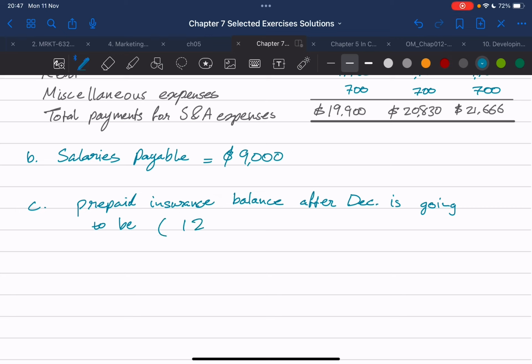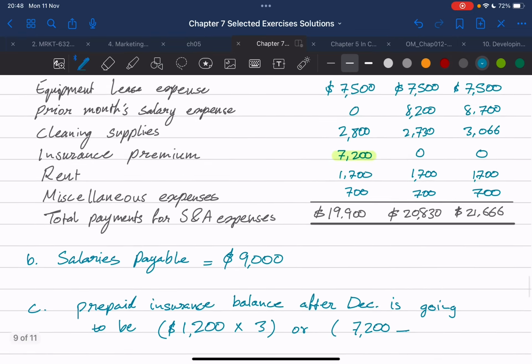Or we could say the total amount, which is 7,200 minus what has been consumed already, which is 1,200 for each month of the 3 months. So that would be 1,200 multiplied by 3. So 3,600. Okay, either way, you're going to get the same result.